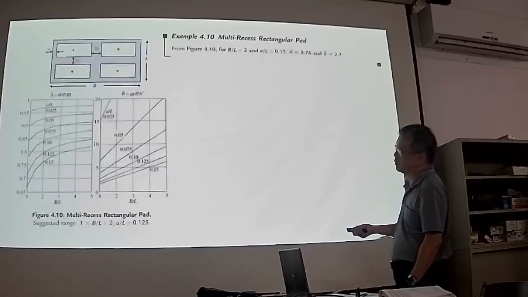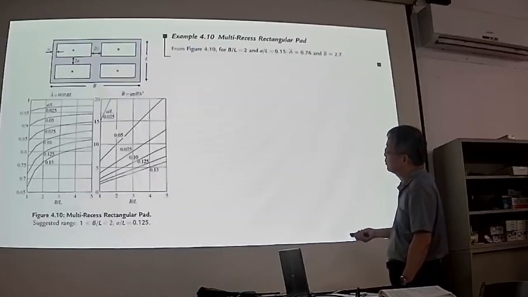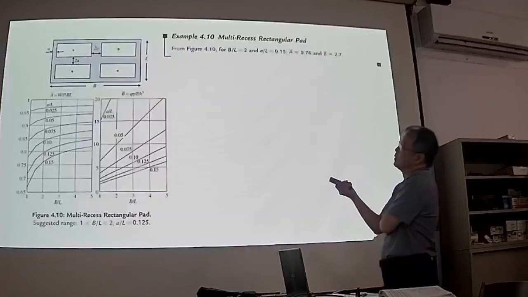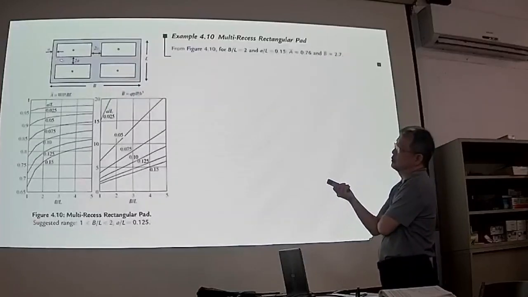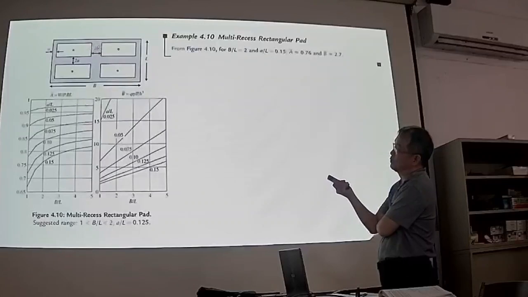And here another one is called the multi-recessed rectangular pad. So the land is on the left hand side and right hand side. In between is 2A.